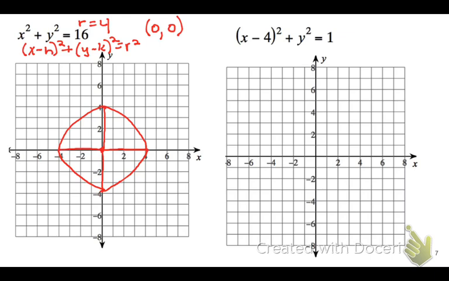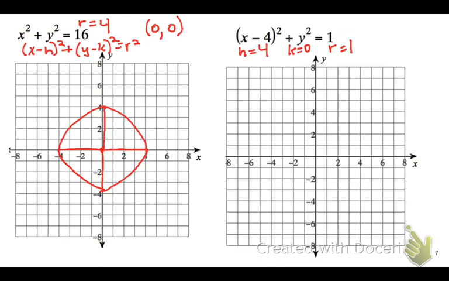So the final problem. Here I have my x minus 4. If there's a minus in the middle, that means my h is positive. So my h is going to be equal to 4. And here, y squared is all by itself, so my k has to be equal to 0. And my radius is equal to the square root of 1, which is 1.